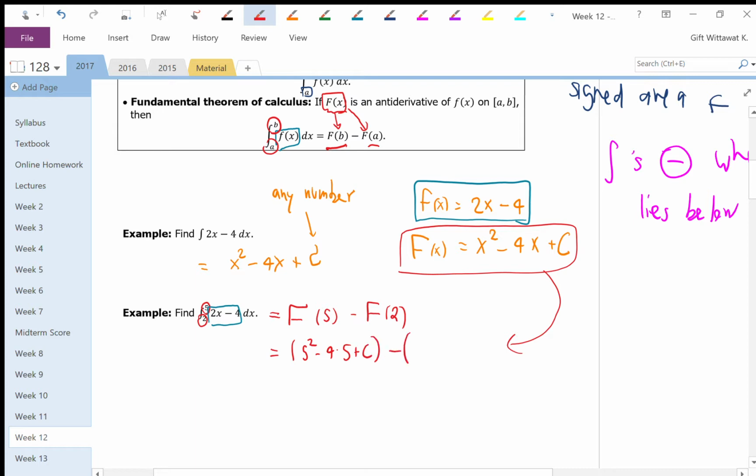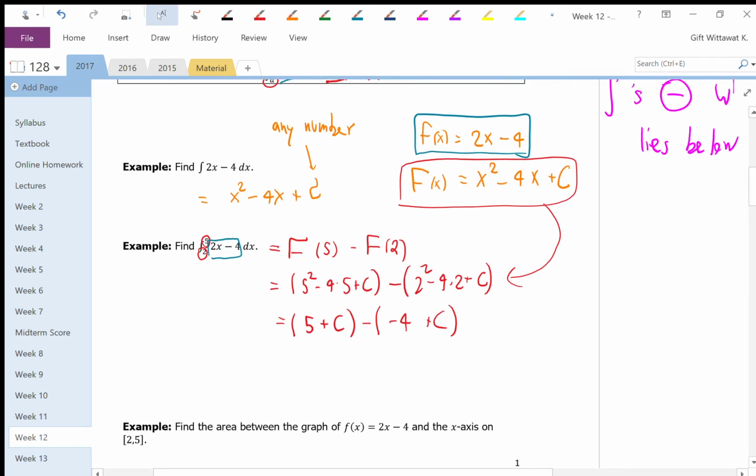My big F of 2 is going to be 2 squared minus 4 times 2 plus c. If I compute that, this is going to be 25 minus 20, which is 5, plus c, minus 4 minus 8, which is minus 4, plus c. So in the end, the c gets cancelled out. So I'm going to be left with 5 plus 4, which is 9.